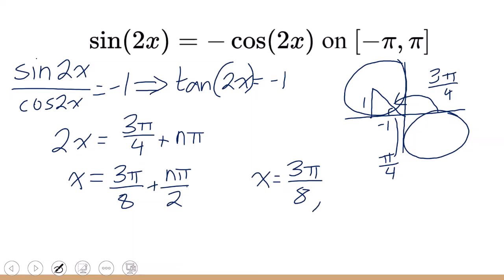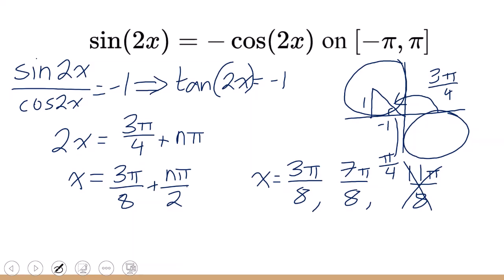And now I'm going to add pi over 2 to that to get the next possible, which would be 7 pi over 8. Okay. And then if I were to continue going, the next number would be 11 pi over 8, but I see that already exceeds pi. So this isn't okay. So those are the two positives.